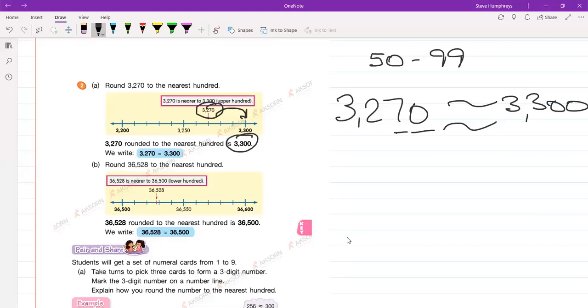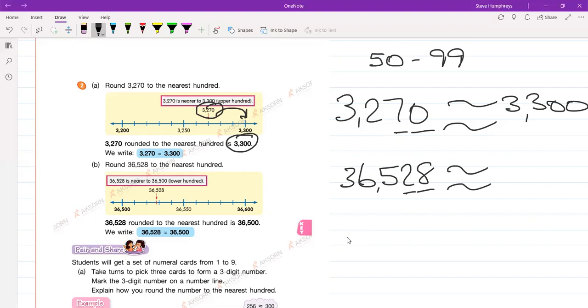Example B, round 36,528. Don't worry about 36,000, that's not going to change. Look at the last two digits. 28.